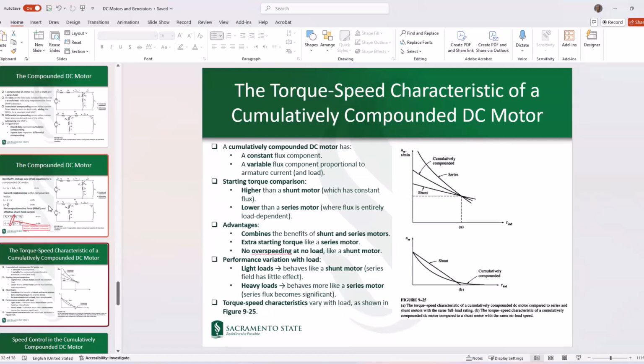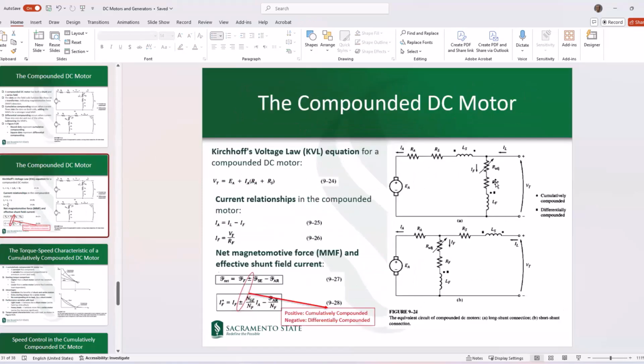And looking at the torque-speed characteristics of a cumulatively compounded DC motor, you can see that it has a constant flux component, which would be associated with its shunt circuit. So this shunt circuit has almost a constant IF, unless you change R adjusted.